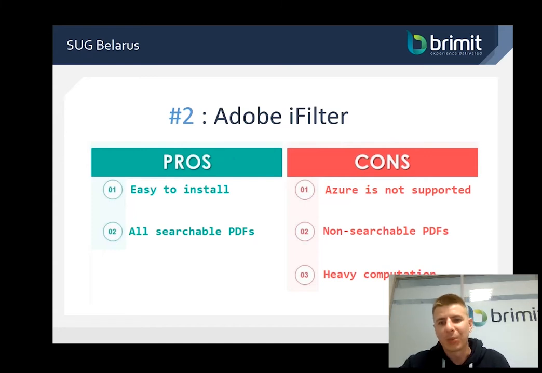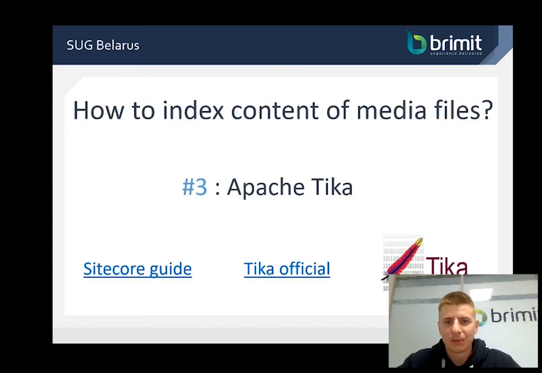Some people also complain that Adobe iFilter is a very old native Microsoft solution and has heavy computation time. The second solution that Sitecore suggests if you need to process PDF files is Apache Tika.